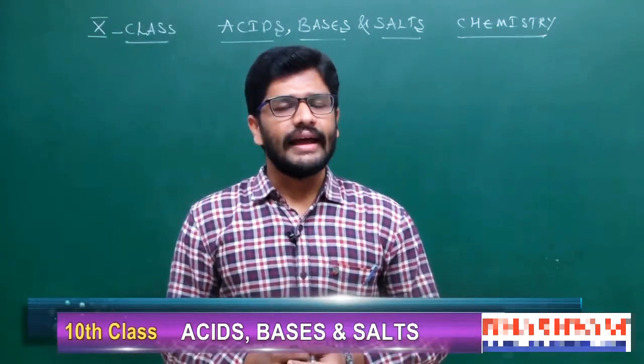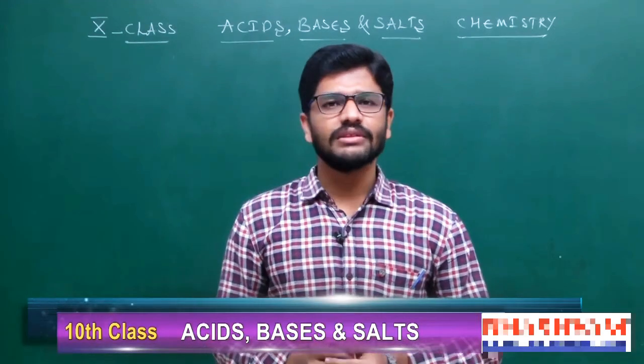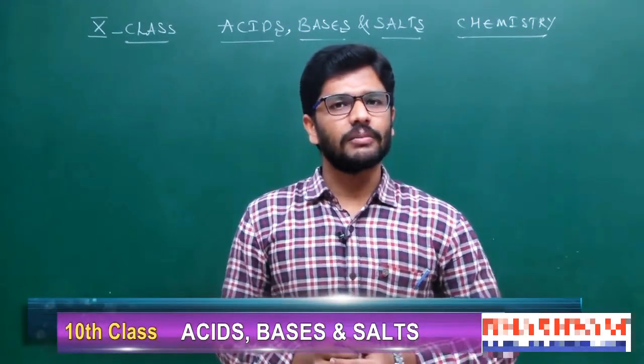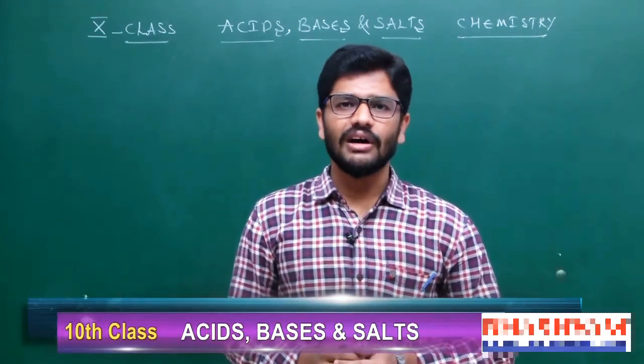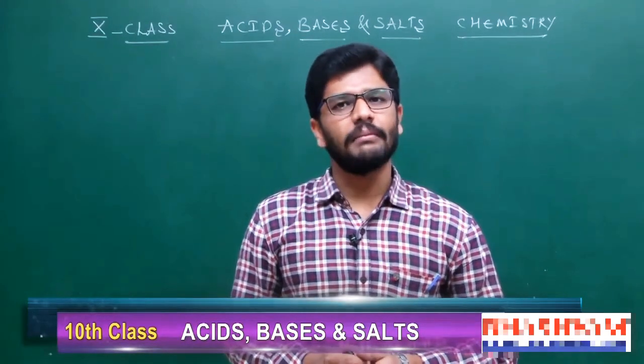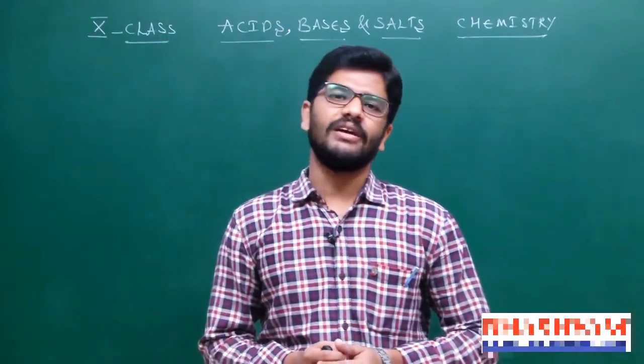Another chemical property is that acids can react with carbonates and bicarbonates to form salt, water and carbon dioxide gas as products, but bases do not react with carbonates and bicarbonates.